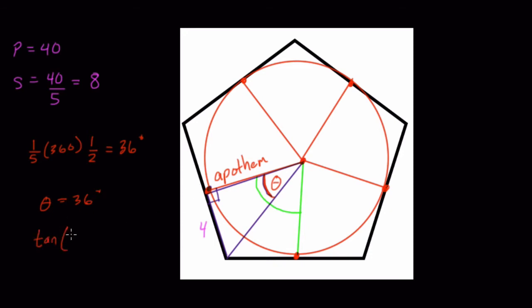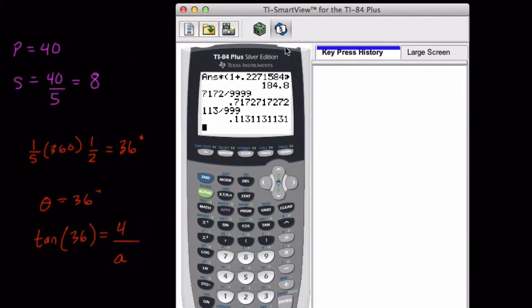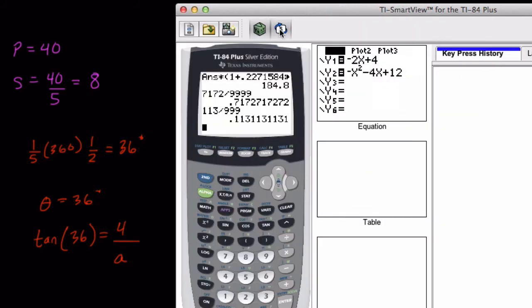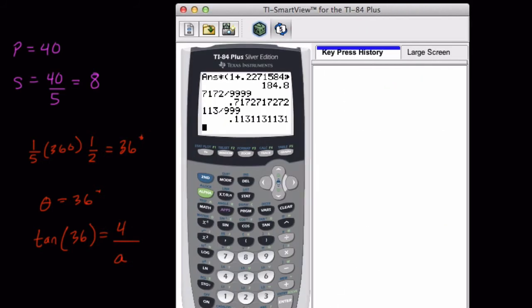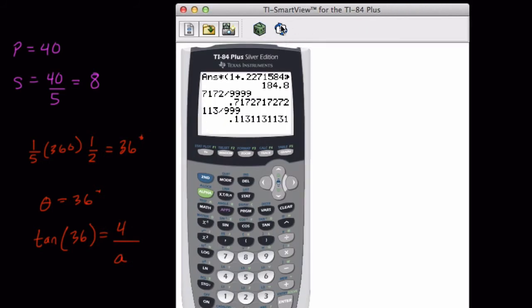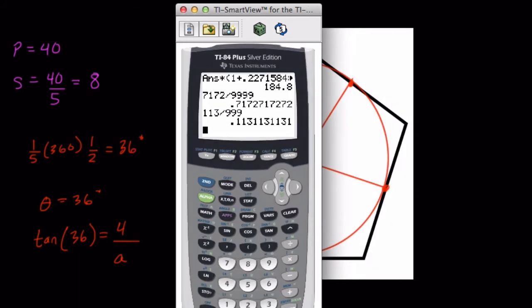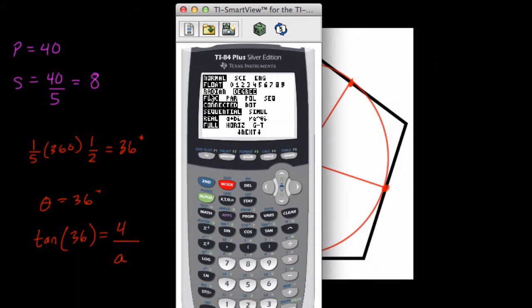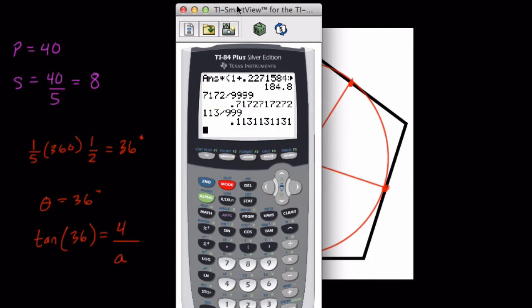So the tan of 36 degrees is going to be equal to opposite 4 over adjacent, we'll call it A. And here, if you have your graphing calculator, right, we can find this. Let me adjust this. Okay. All right. So I'm going to be showing my mode in degrees. Okay, we're in degrees.